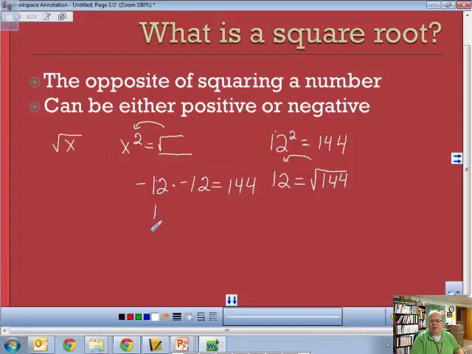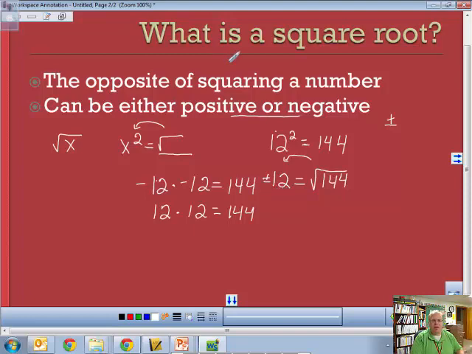Same if I would have gone 12 times 12, that would also have equaled a positive 144. Correct? So my answer to a square root problem is going to be positive or negative. And we write that as plus or minus. So technically, it's plus or minus 12, because I haven't specified what my answer is yet.